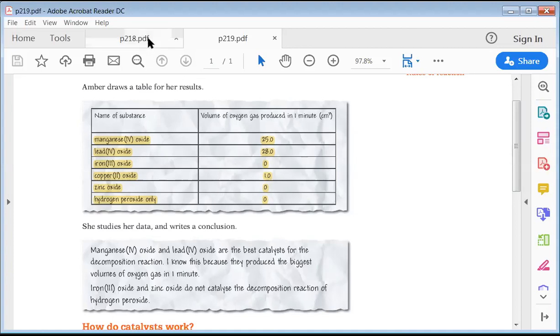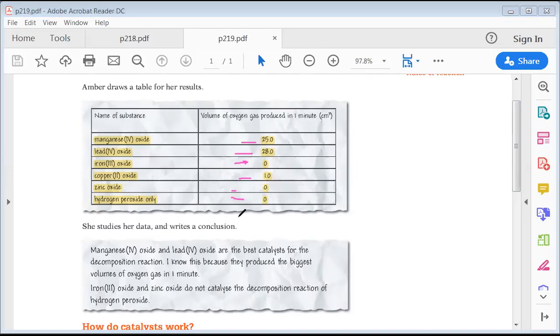When she added the manganese to the hydrogen peroxide solution, she got a volume of oxygen of 25 cubic centimeters in the measuring cylinder. When she added the lead, she got 28 cubic centimeters, iron 0, copper oxide 1, and she got 0 with the zinc oxide and the hydrogen peroxide only.